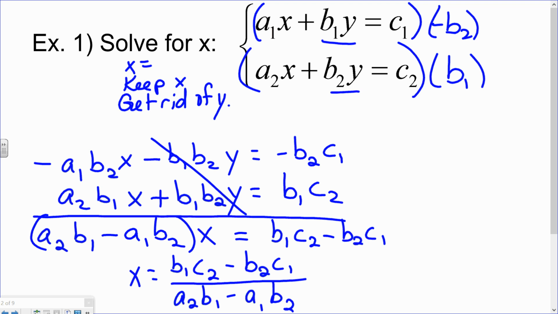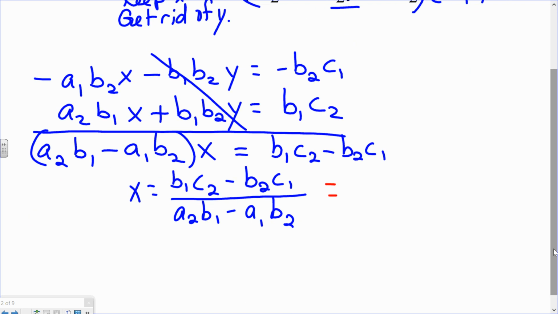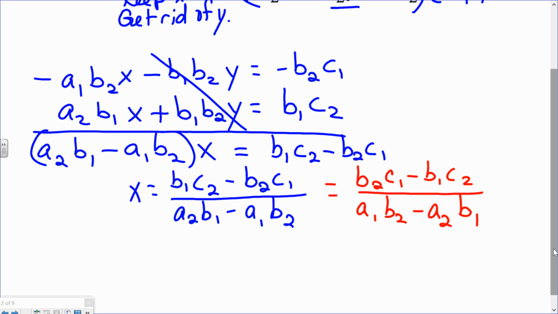Now, when you are checking these, there are a whole lot of variations on what the correct answers might look like. If you had done a plus b2 and a minus b1, you would have had b2c1 minus b1c2 over a1b2 minus a2b1.